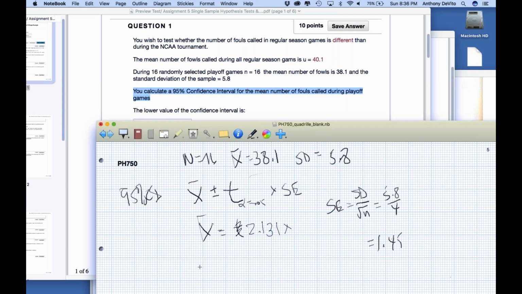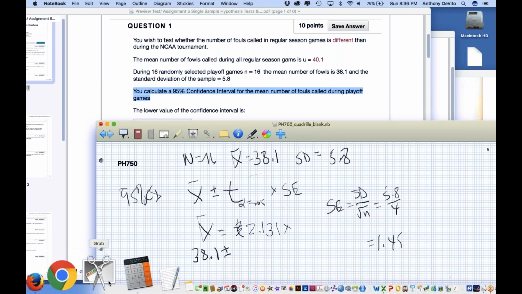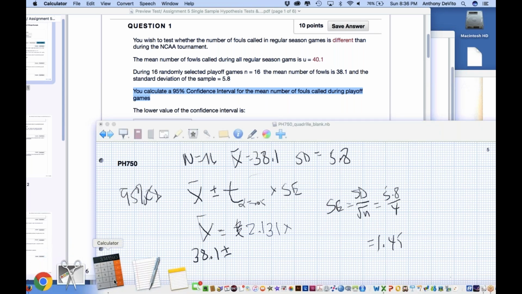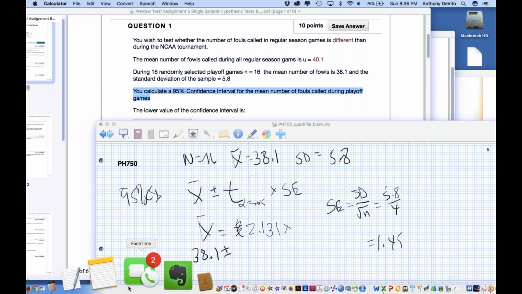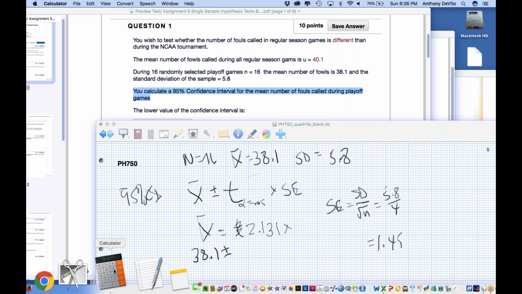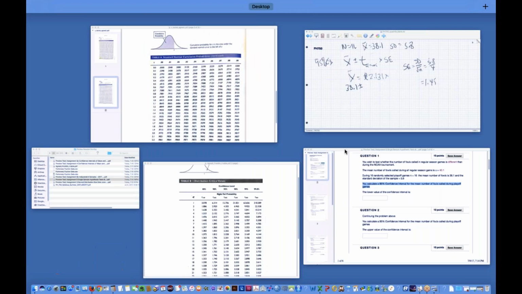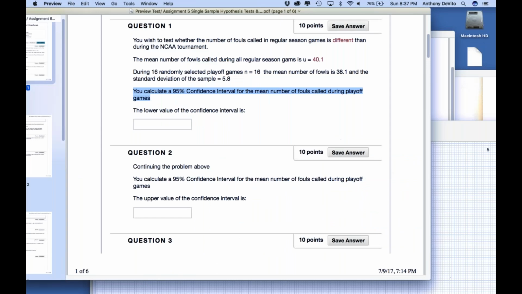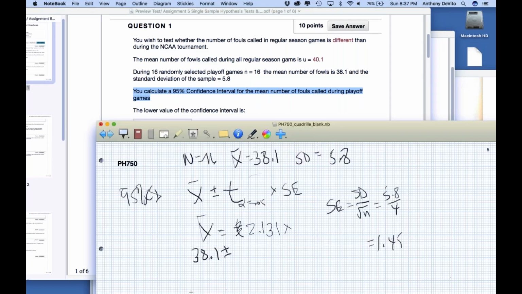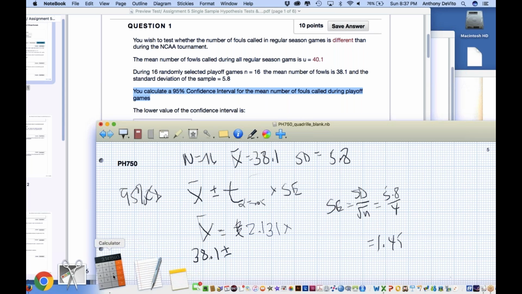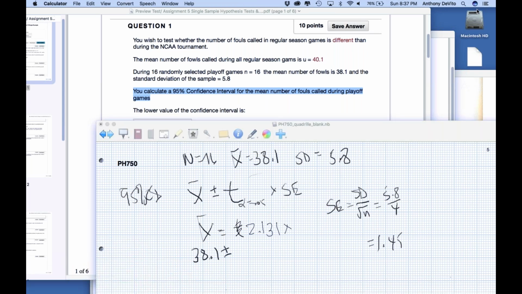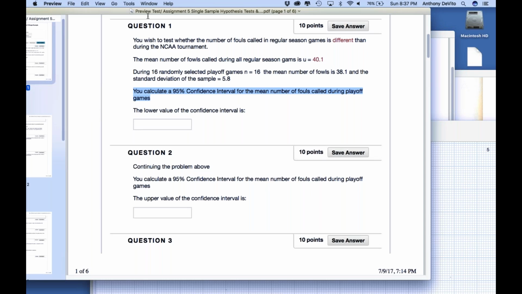So let's see what we have here. It's going to be X bar, which is 38.1, plus or minus. Let me calculate this margin of error now.